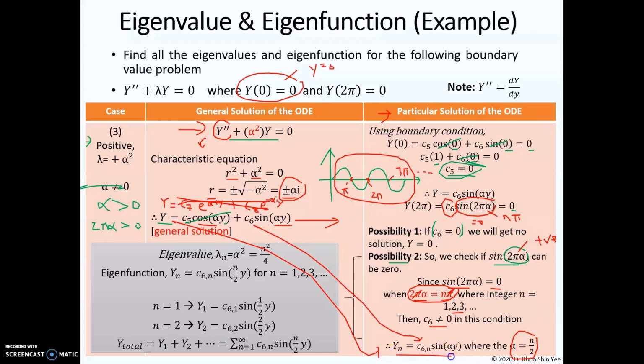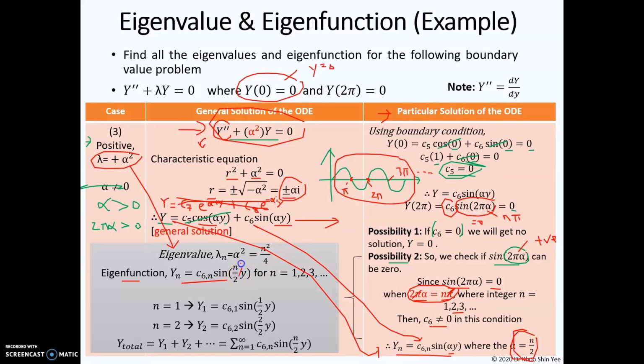So this is the solution to this ODE. And we know that the solution to the differential equation here is called the eigenfunction. Lambda is the eigenvalue in this case, where you have the lambda equal to alpha squared, which is equal to n squared over 4 after you substitute this.